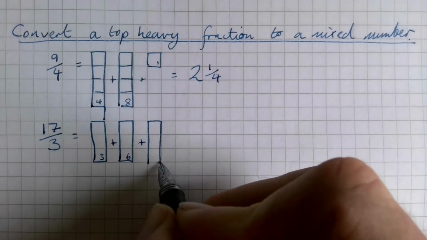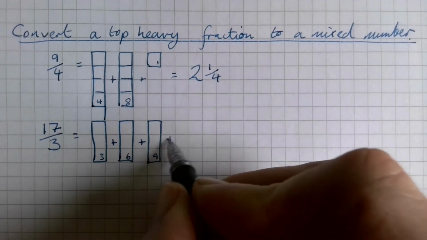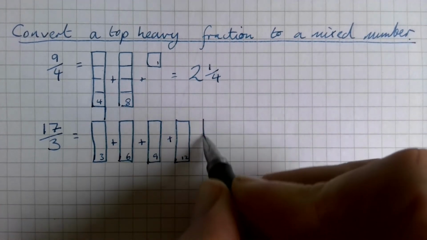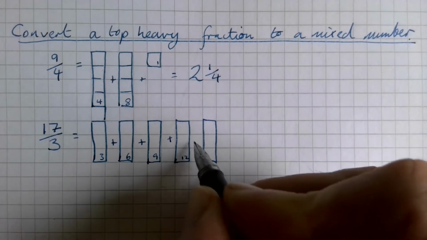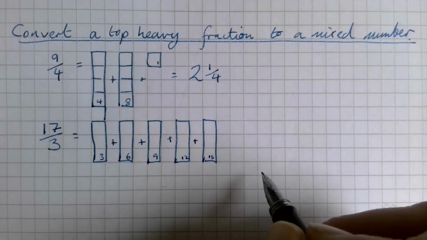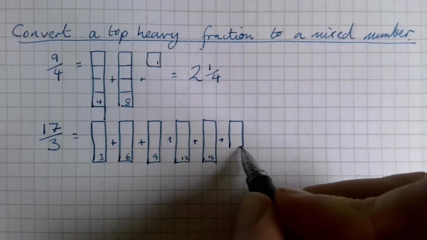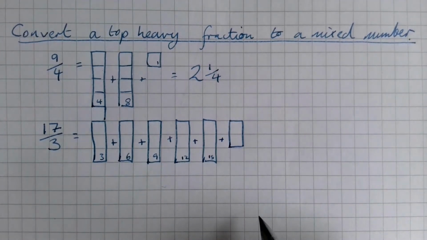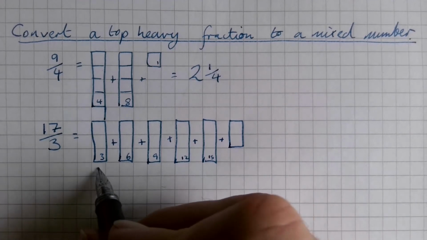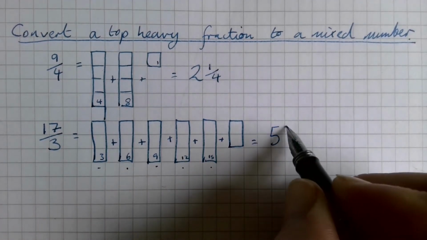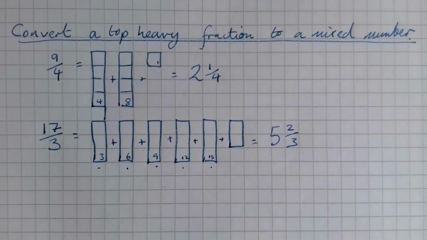I'm going to keep doing this, 9, until I get to 17. 9 plus 3 is 12, plus another 3 is 15. And then I just need 2 more to get to 17, don't I? And I've got 1, 2, 3, 4, 5 whole numbers and 2/3.